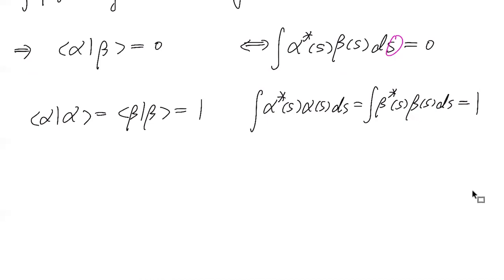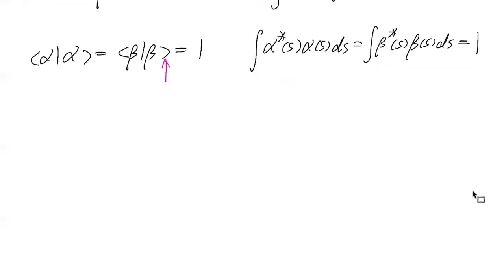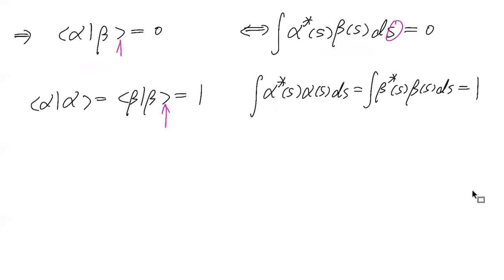Yes, you can write down ds and do the integral over ds, but what does this mean? It really means the inner product of alpha and beta for the same electron is equal to 0. In other words, alpha ket and beta bra, or alpha bra and beta ket, are orthogonal to each other. So this inner product means the integral is over the spin coordinate.